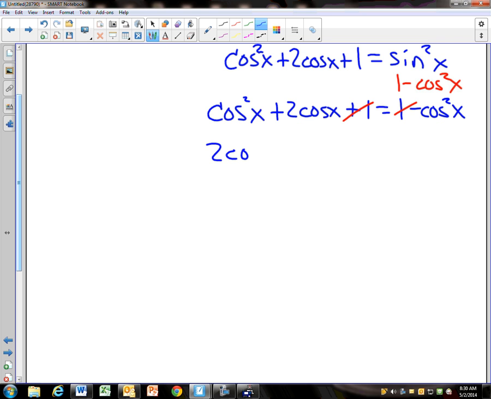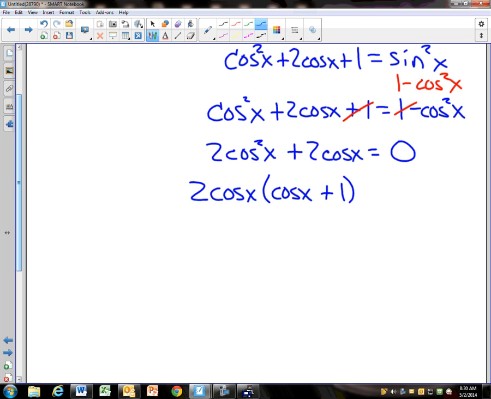We get 2 cosine squared of x plus 2 cosine of x is equal to 0 then. How do you solve that? Factor out a 2 cosine. 2 cosine of x times cosine of x plus 1 is equal to 0.